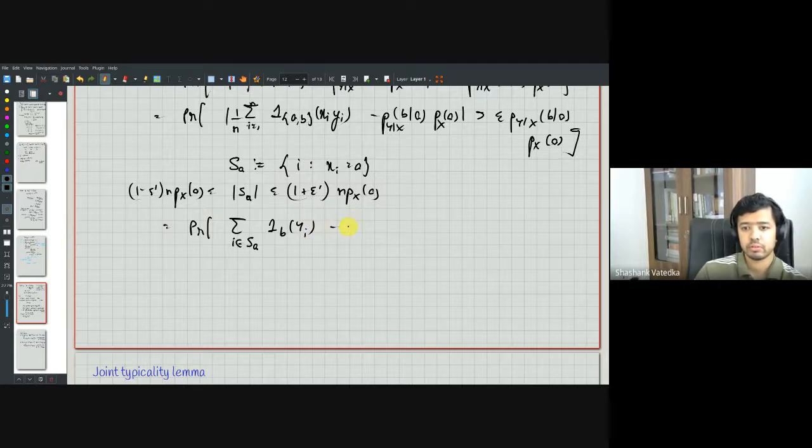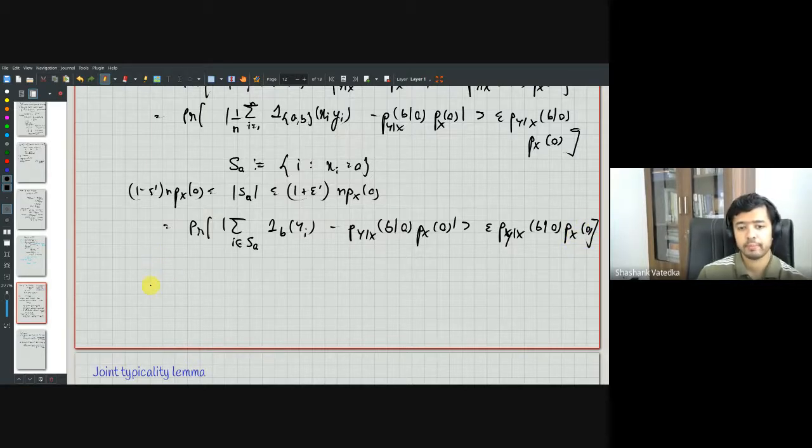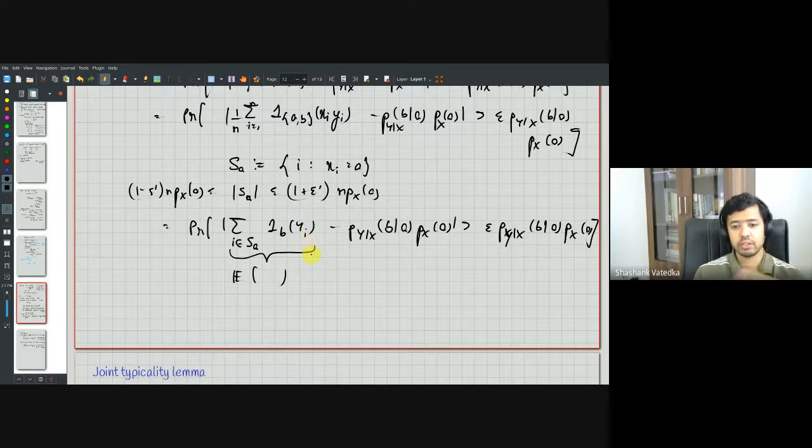All right. So P_{Y|X}(b|a) P_X(a) is greater than epsilon times P_{Y|X}(b|a) P_X(a). Okay, so you know that the expectation of this, since the y_i's are all conditionally independent and identically distributed in these locations, is simply going to be the size of S_A times... maybe there are m locations where x_i is equal to a.